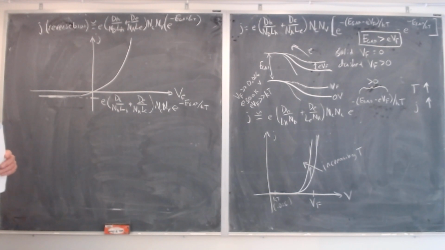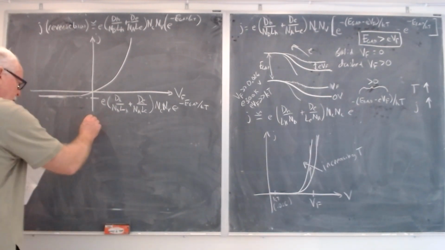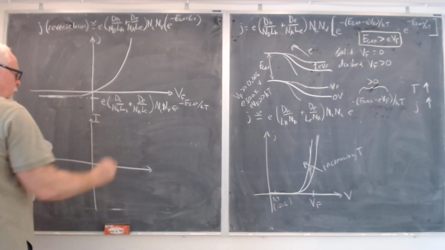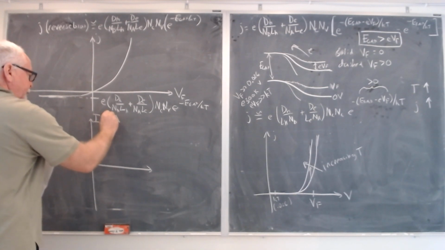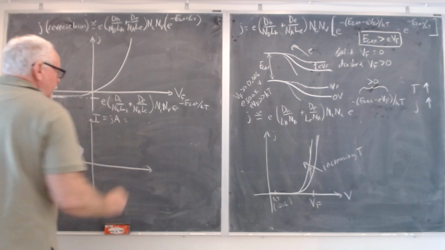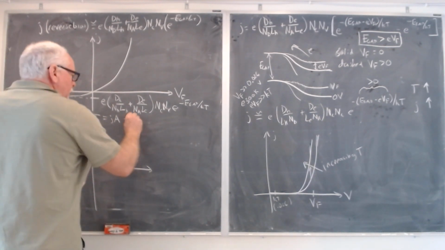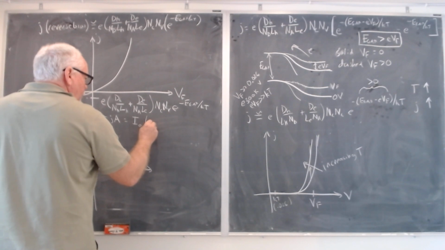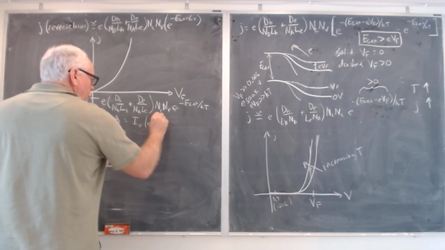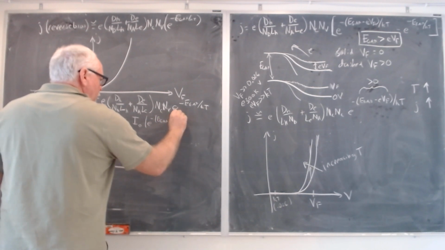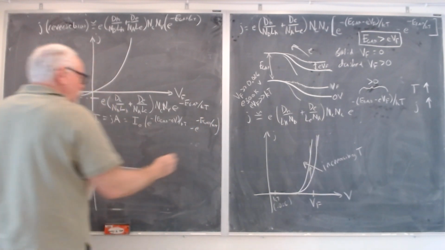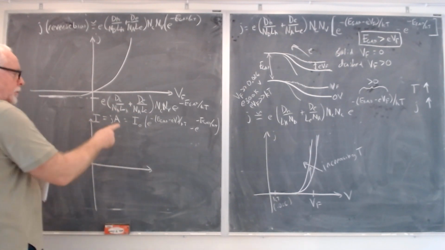Okay, and the last thing we're going to do, so first of all, let me draw I. Okay, so I is J times A, and I'm going to write that as I naught times, where I naught is all this part times A, the area.